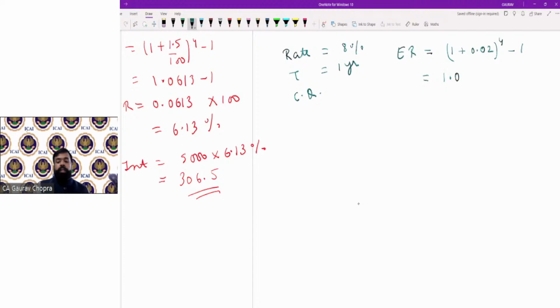So 1.0824 minus 1, you are getting 0.0824 or 8.24%. This is your effective rate. Yes, so now everybody has given the answer. Those who are getting 8.16, that is the wrong answer. 8.16 is not correct. 8.24 is the perfect answer.